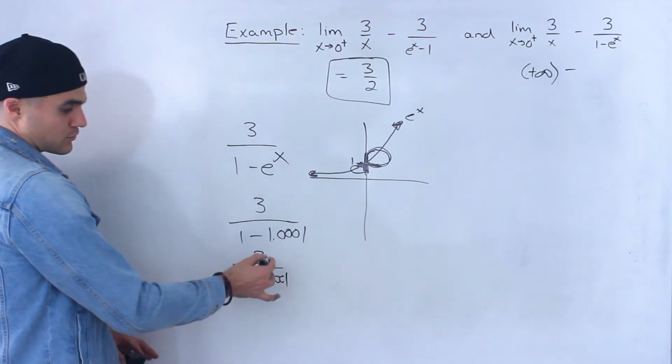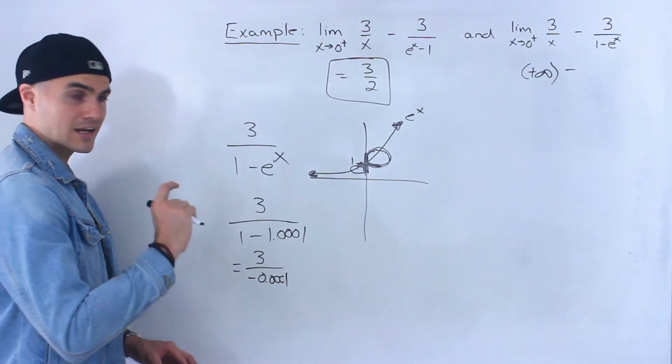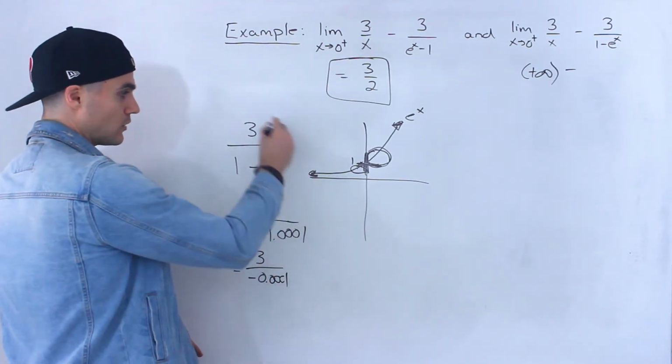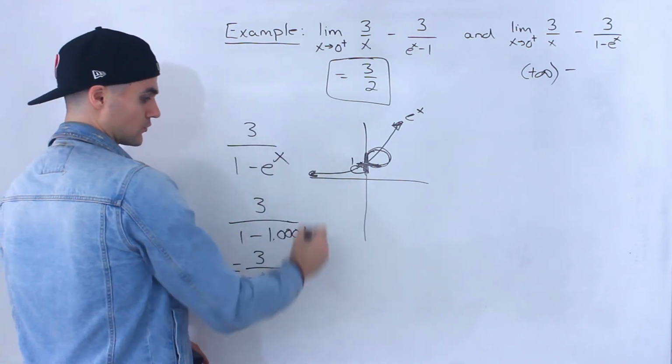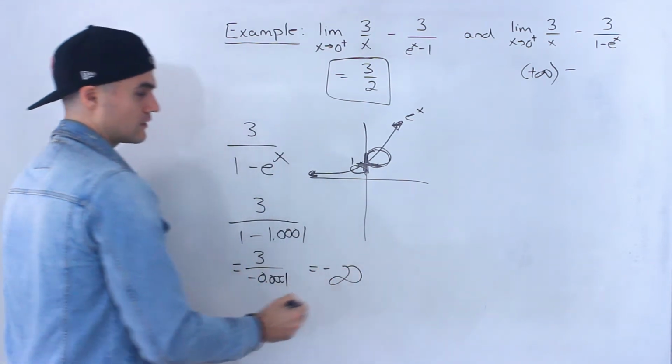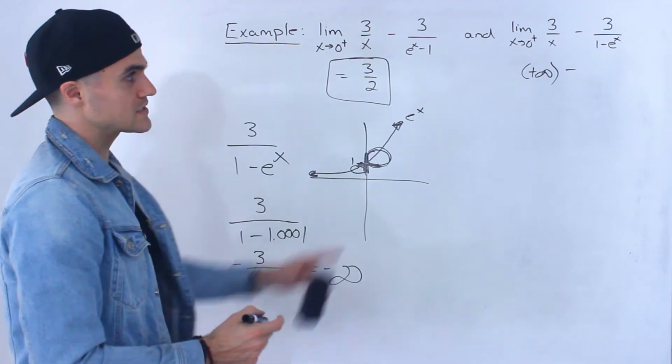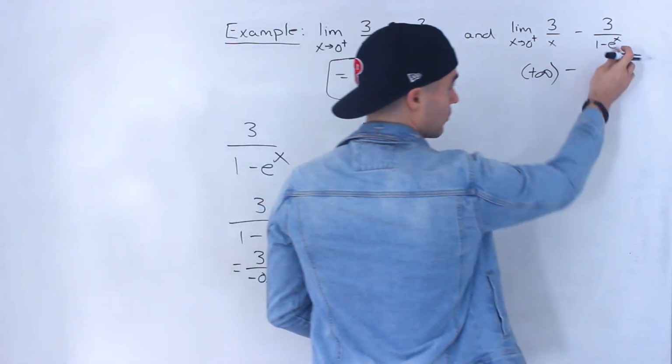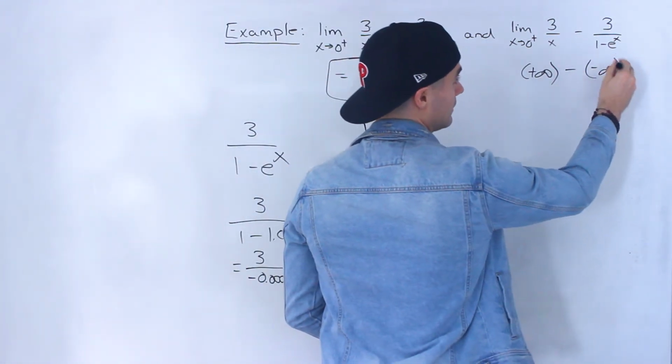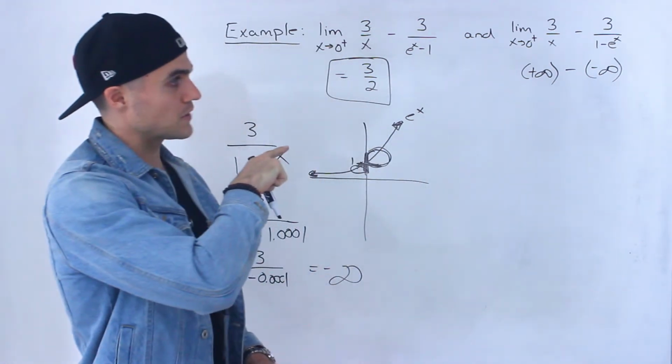So it's going to be 3 over a very small negative number. And so we know that this whole thing is going towards negative infinity. And so notice what happens here.